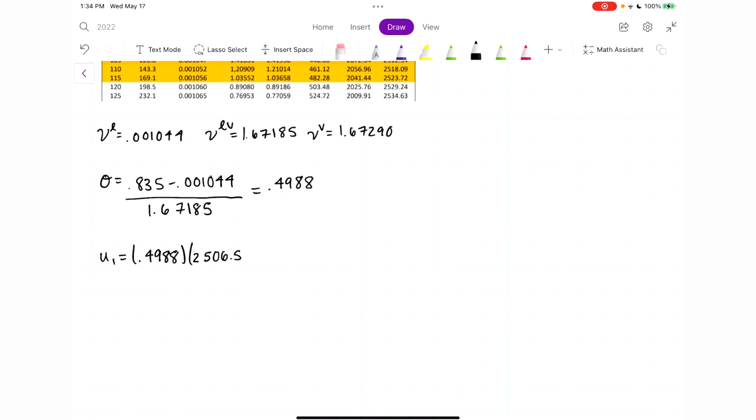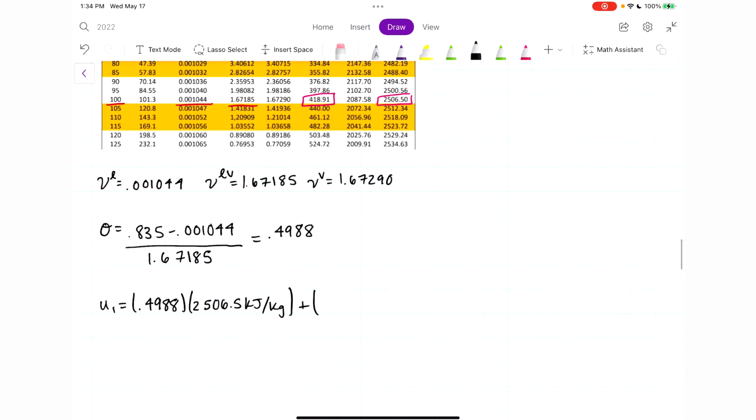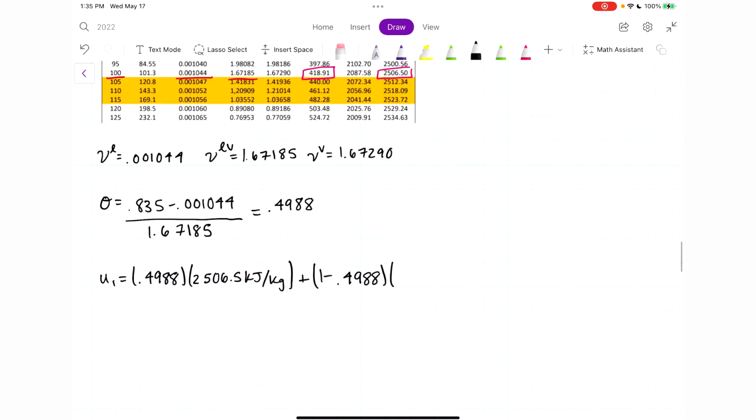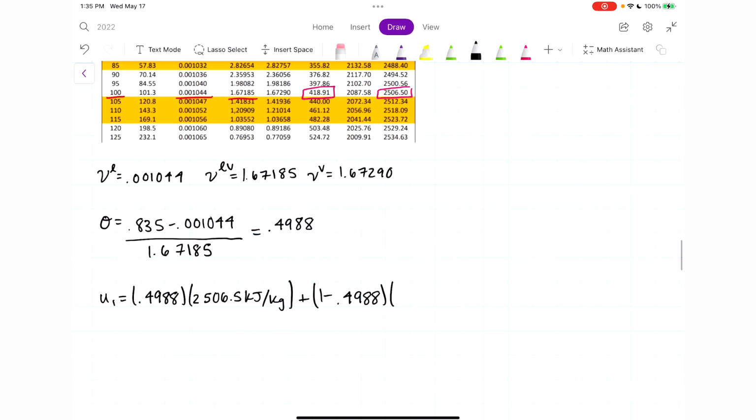So UV is 2506.5 kilojoules per kilogram, plus 1 minus our quality times the UL, so 418.91 kilojoules per kilogram.